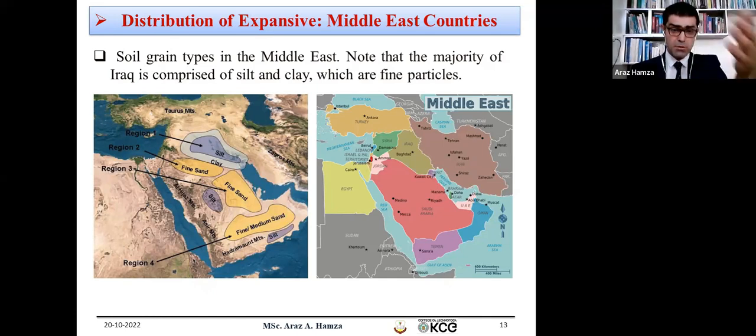The only thing that I found regarding the Middle East is the soil grain types. As you can see, there is some data that shows the clay content, or shows the type of soil. If you look at the silt and clay in region 1, this covers Syria and a part of Iraq and Jordan. It means that there's silt and clay.